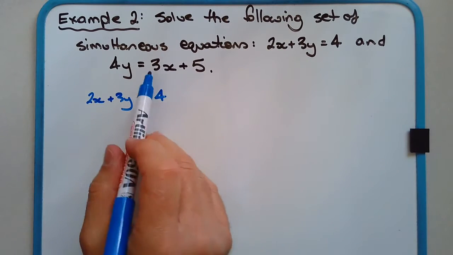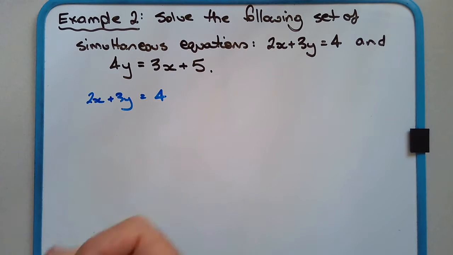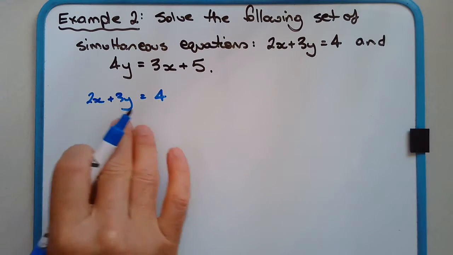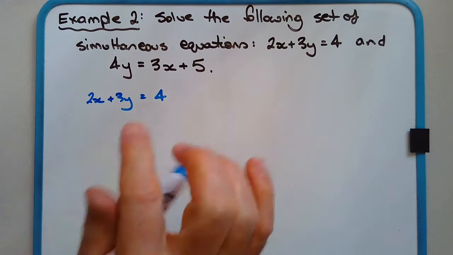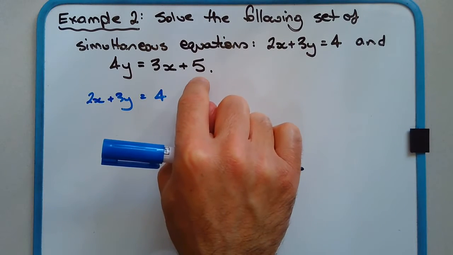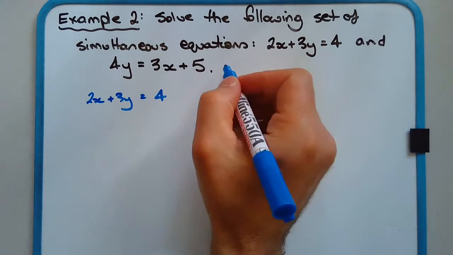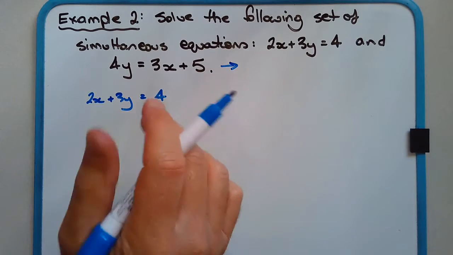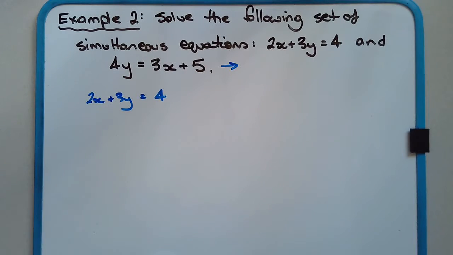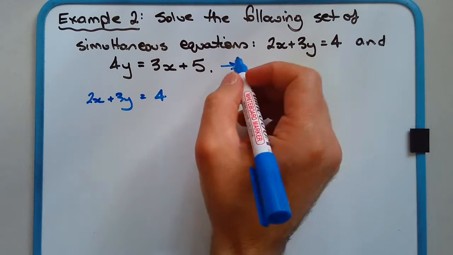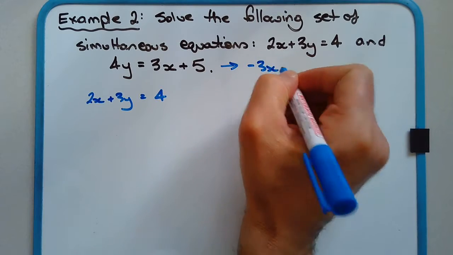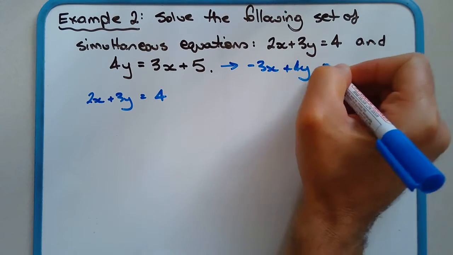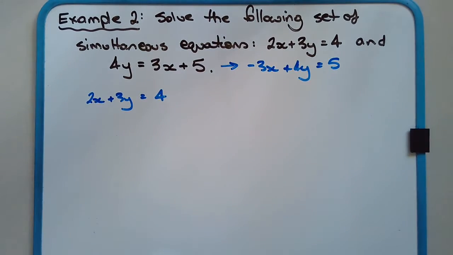And now let's write down the second equation, but again, I'm going to line this up so that it's lined up under the first equation. So 3x plus 5 equals 4y. Okay, so if I move the 3x over, what do we have? We've got negative 3x plus 4y equals 5.